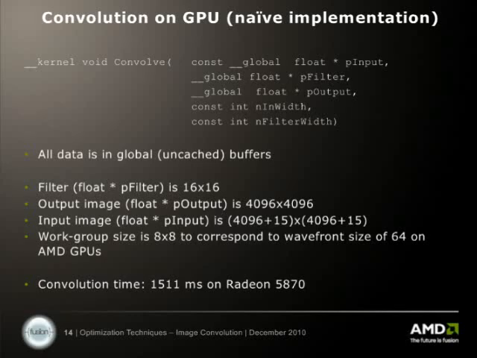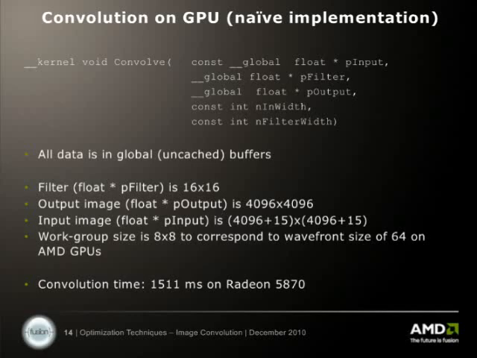Okay, so let's go back to the GPU optimizations. First, let's talk about a naive implementation. Naive implementation, as in, I just replicate the very simple nested for loop that I showed you for the CPU. It is exactly the same as the CPU, except that in OpenCL, all you need to do is get the output ID.